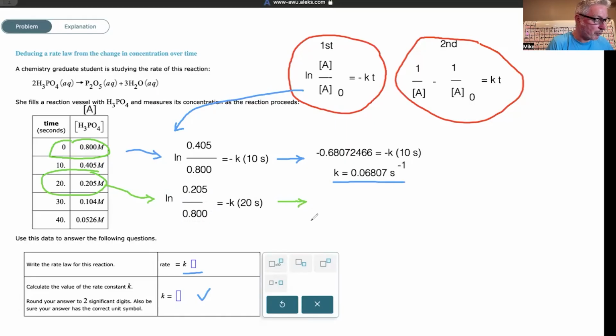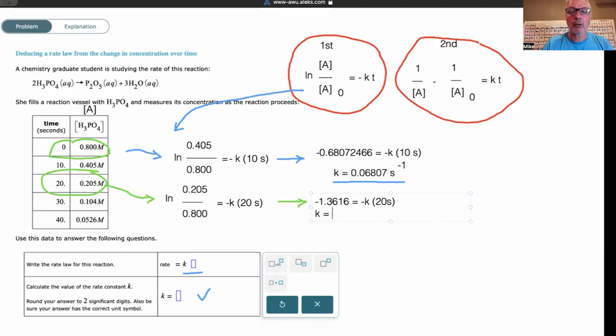What do we get? 0.205 divided by 0.8, and then take the natural log of it. Negative 1.36. Let's just go to a reasonable number of digits. 1.36 equals negative K times 20 seconds, right?